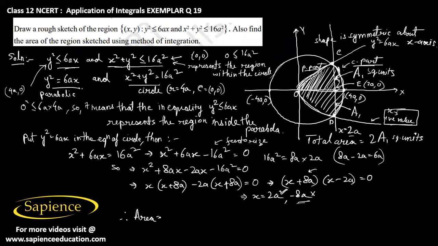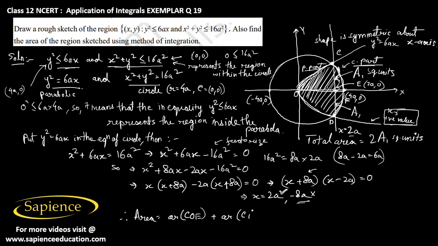It means for the total area which we have to find, we have to do the area of the region COE plus the area of the region CEF. Suppose I call this point F; the coordinates of the point F is 4a, 0.